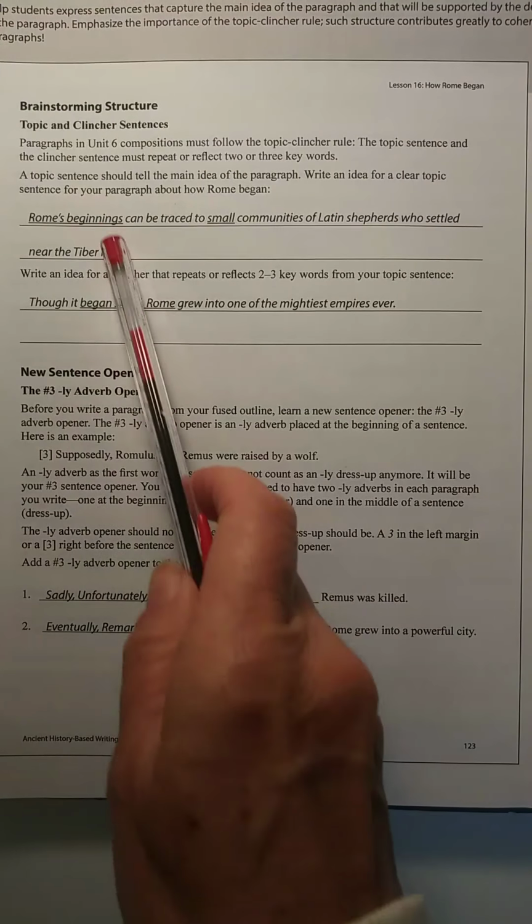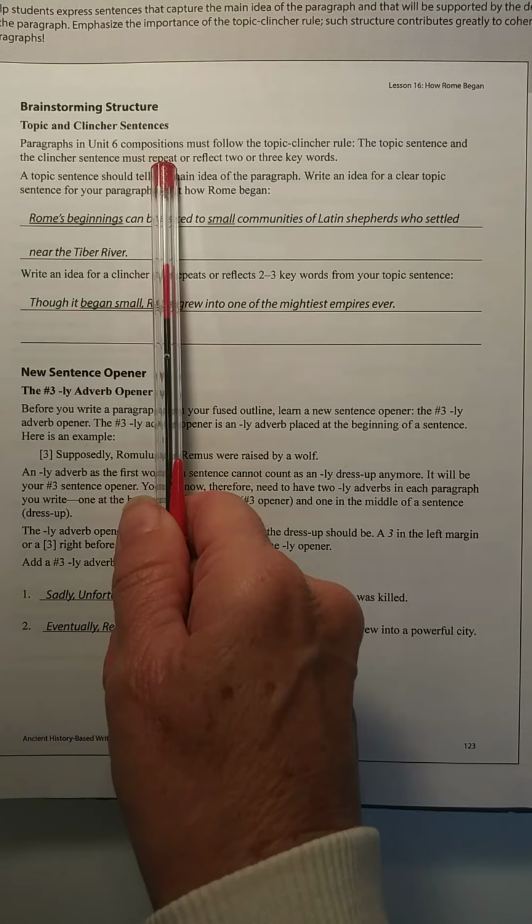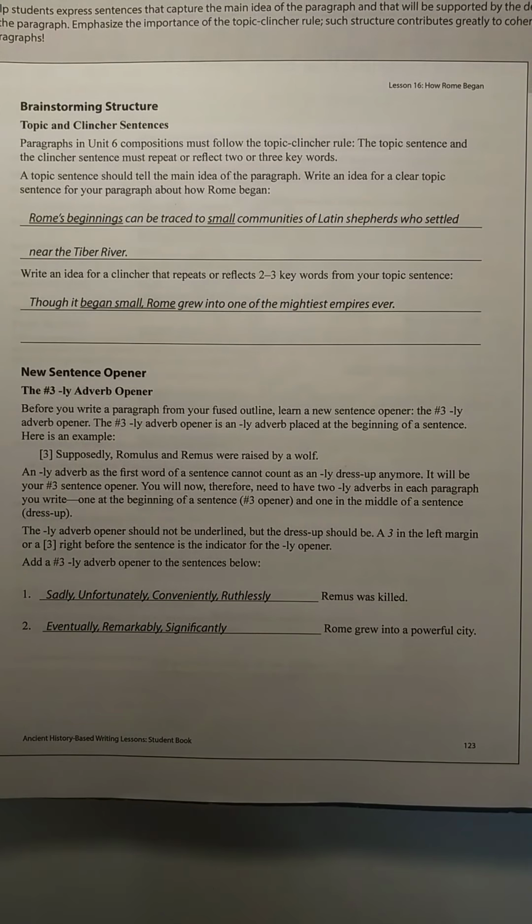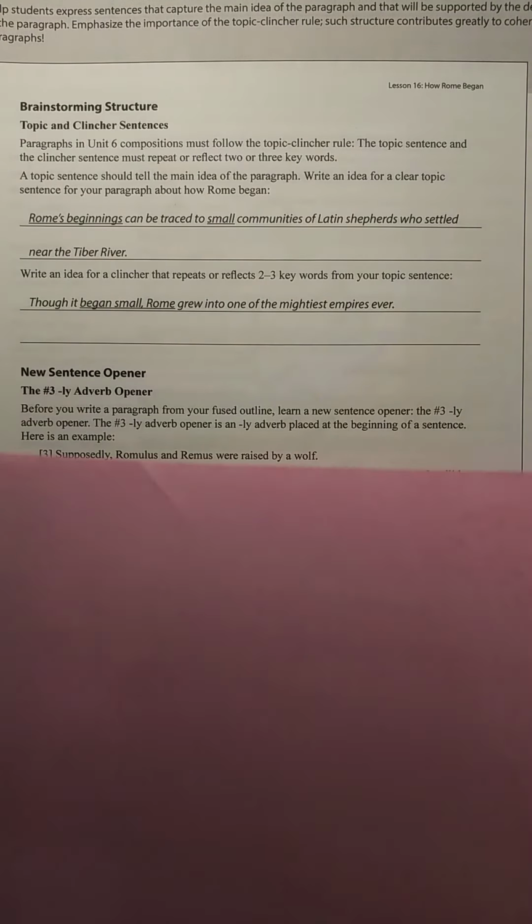on your own. So, paragraphs in Unit 6 must follow the topic clincher rule. The topic sentence and the clincher sentence must repeat or reflect 2 to 3 keywords. Okay, you know this. That's just a reminder. Okay, so remember that the topic sentence should tell the main idea of the paragraph.